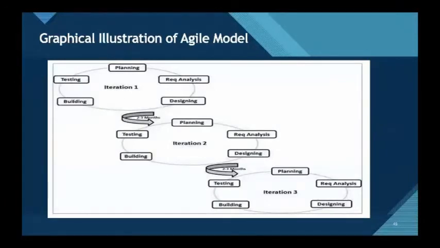So this is the graphical illustration of Agile model. For iterations 1, 2, and 3, we have planning, requirement analysis, designing, building, and testing.